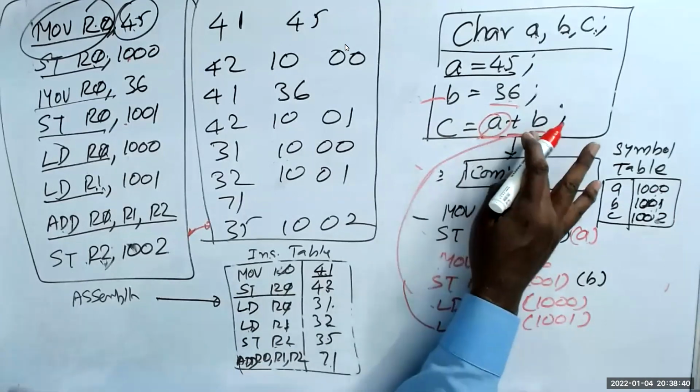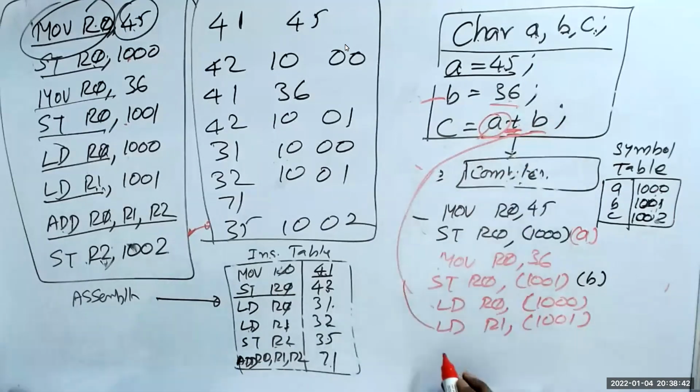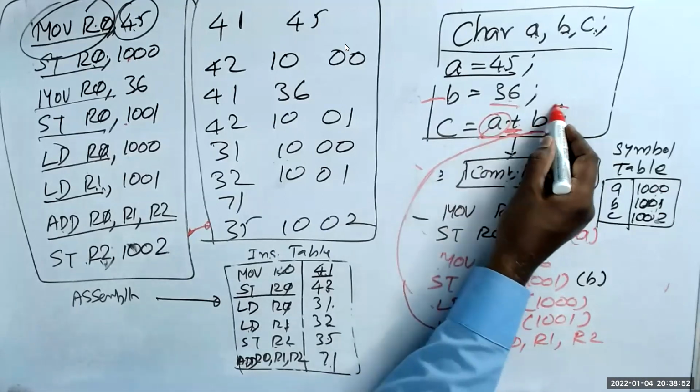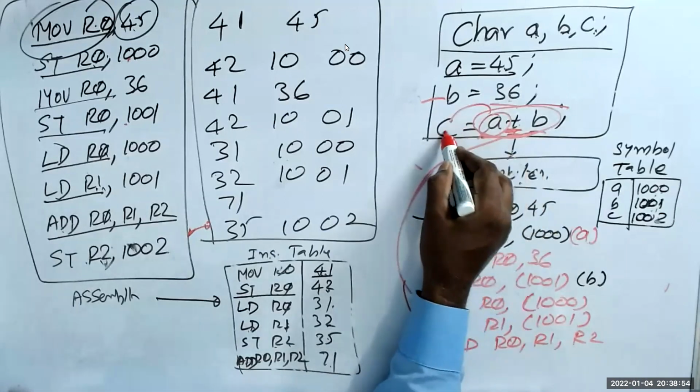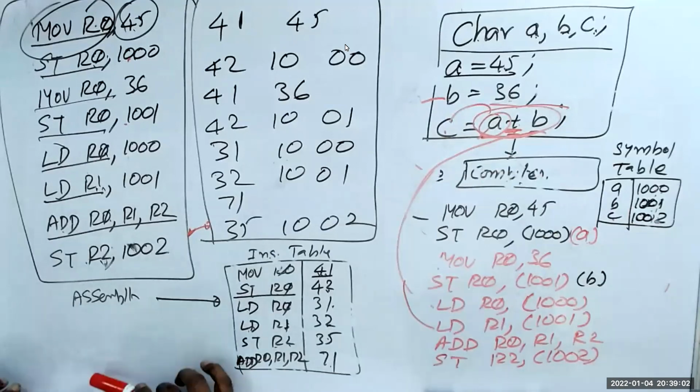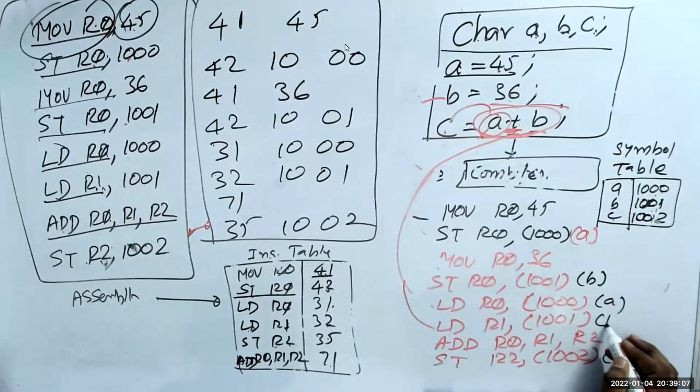Then it performs add R0, R1 and puts the result in R2. After completing the addition, you are storing it in C. What is C? 1002. You put store R2 into 1002, which is nothing but C. This is A, this is B. Now, do you get it?